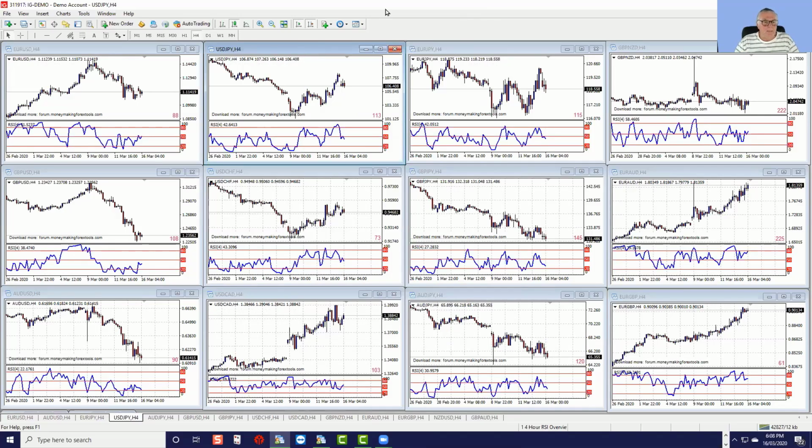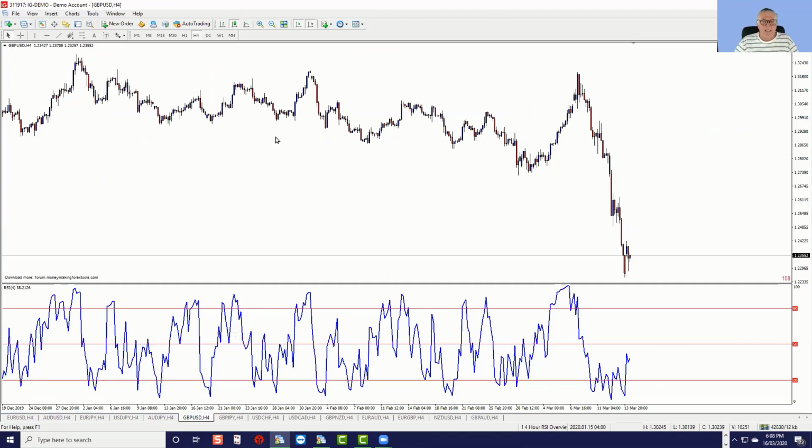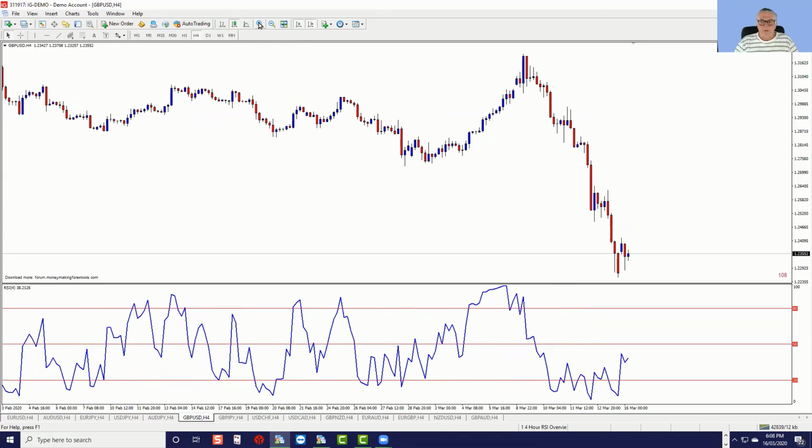But let's have a look at some really strong trends, and let's see what value the RSI has in a trending market. This was probably not the best example, but let's have a look. Now, when the market is trending, and here's the pound, it's trending downwards quite strongly, the RSI will not get to the other side of the indicator chart.